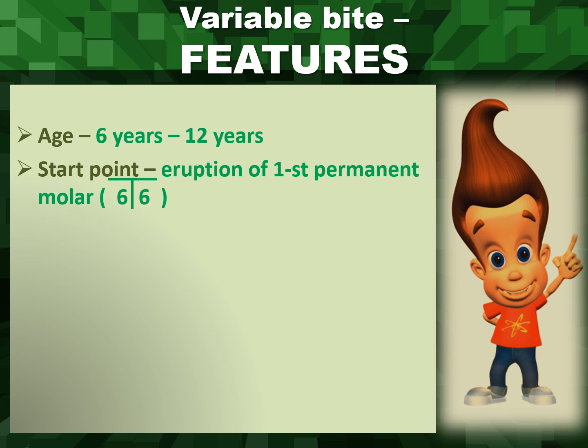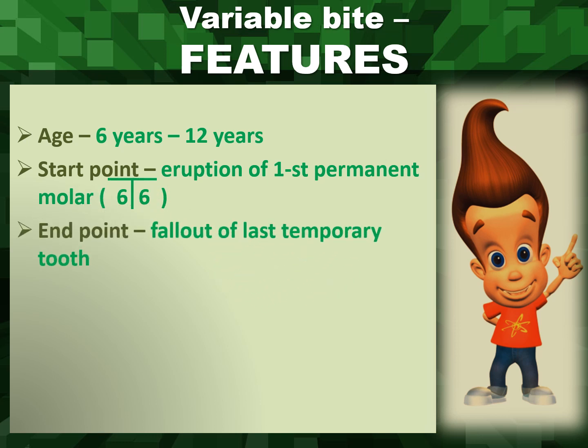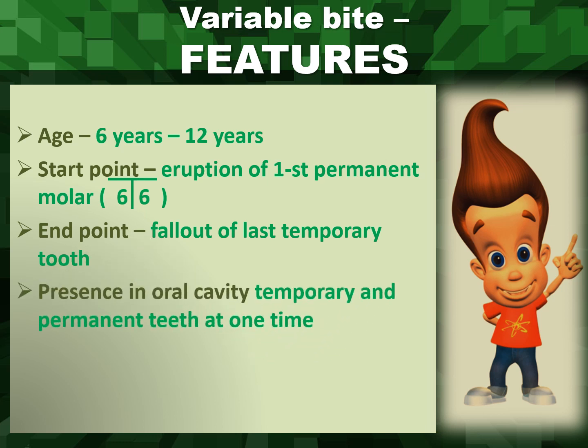Start point: eruption of the first permanent molar. As usual, it is the lower first permanent molar. And finishing point: fallout of the last temporary tooth. In the oral cavity are present temporary and permanent teeth at one time.